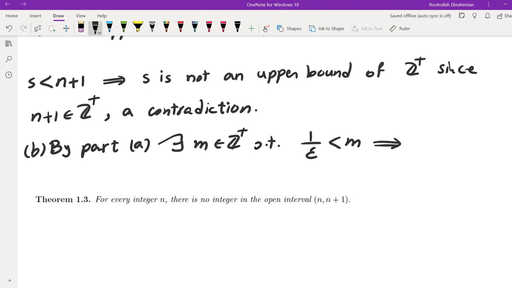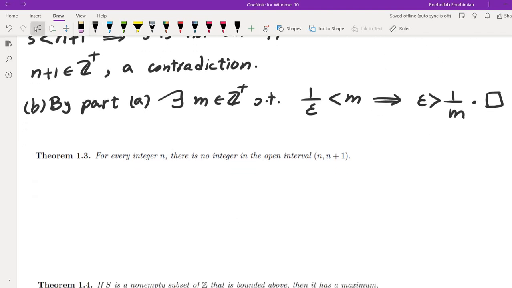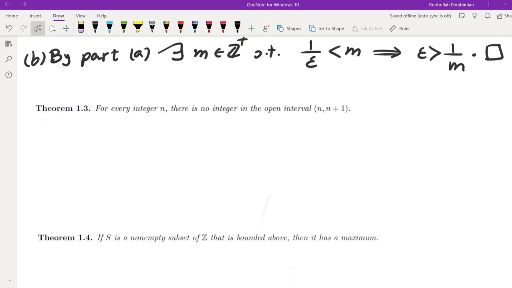Then take the reciprocal of both sides. This would give you epsilon is more than 1 over m, which is exactly what we wanted to prove. So this is a very important property, the Archimedean property, and we're going to keep using that throughout this course.